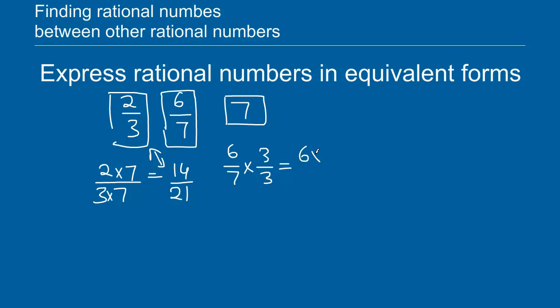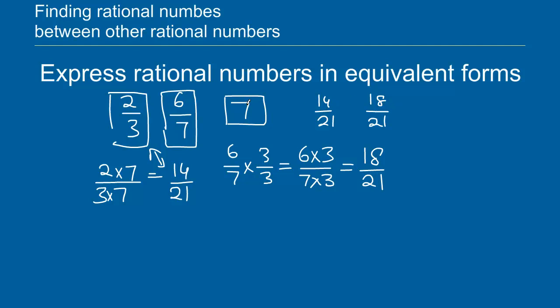So this will be 6 times 3 over 7 times 3, or simply 18 over 21. So our question has become, from 2 over 3 and 6 over 7, 14 over 21 and 18 over 21.